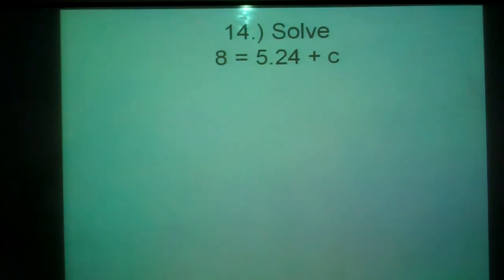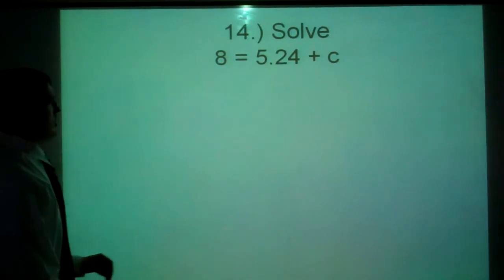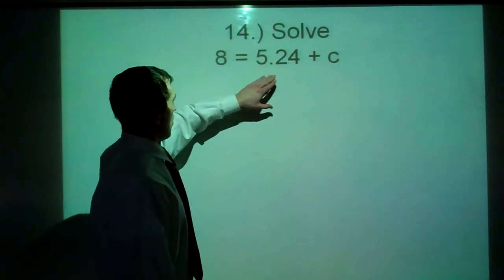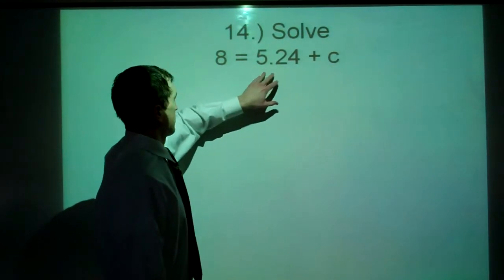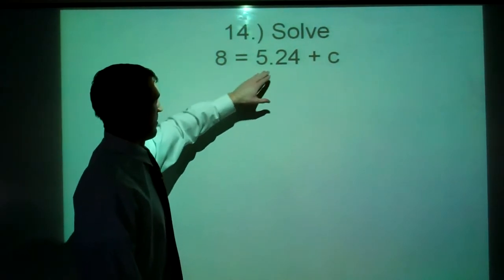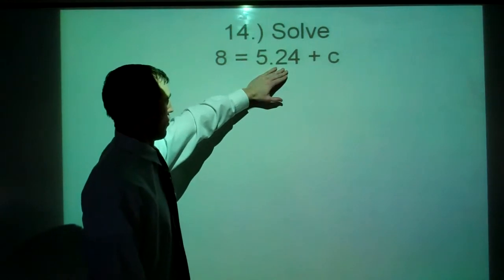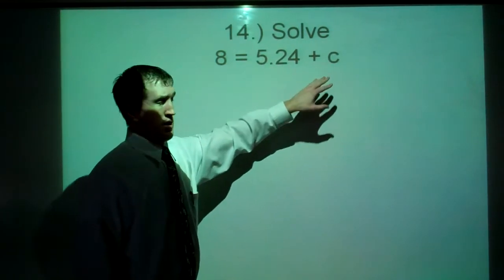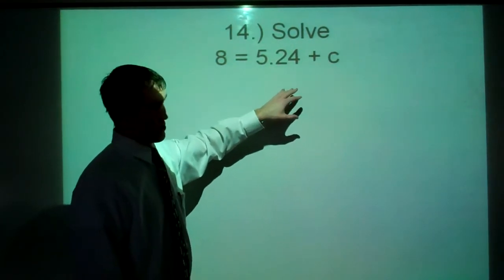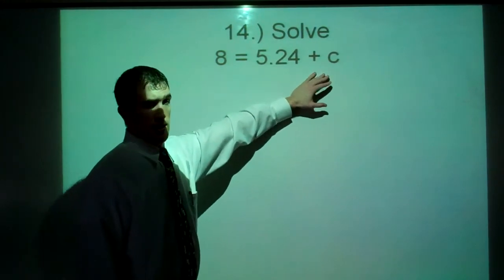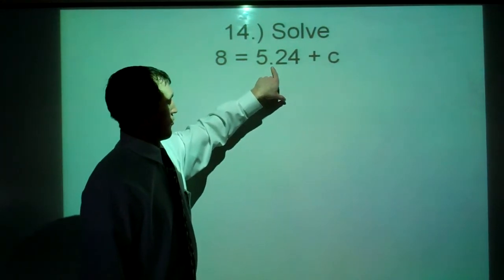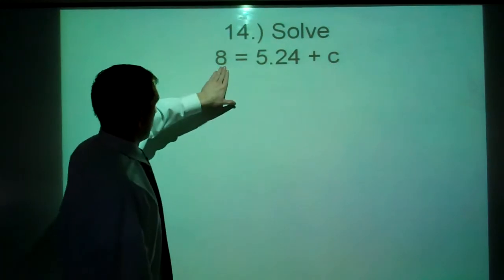Okay, solve. 8 equals 5.24 plus c. We want to figure out what plus this gets us 8. So if we do 8 minus 5.24, we should get c. And the way that we can check that is, once we get an answer for c, if we add 5.24 plus our answer, we should get 8.